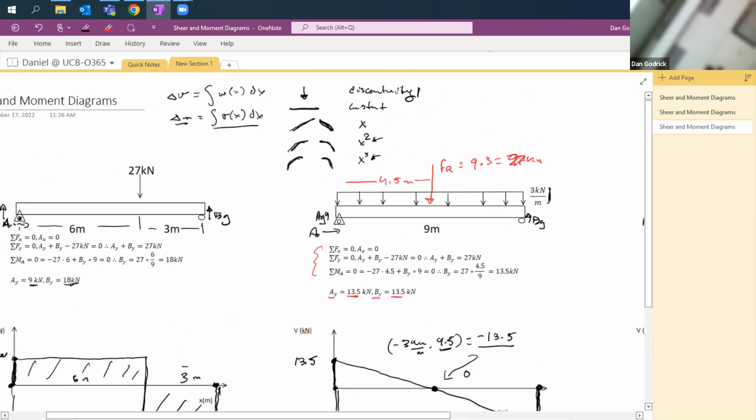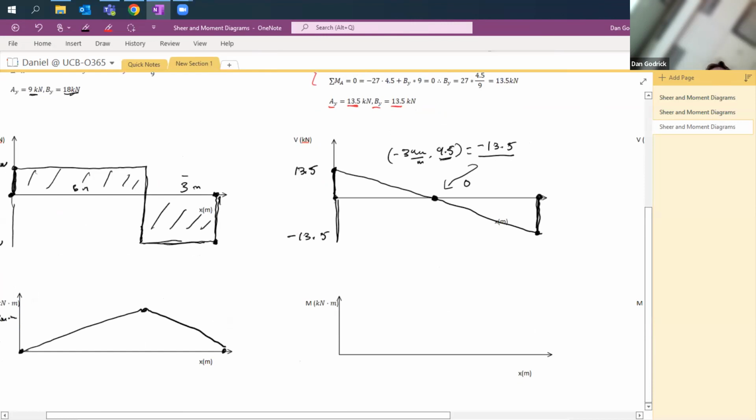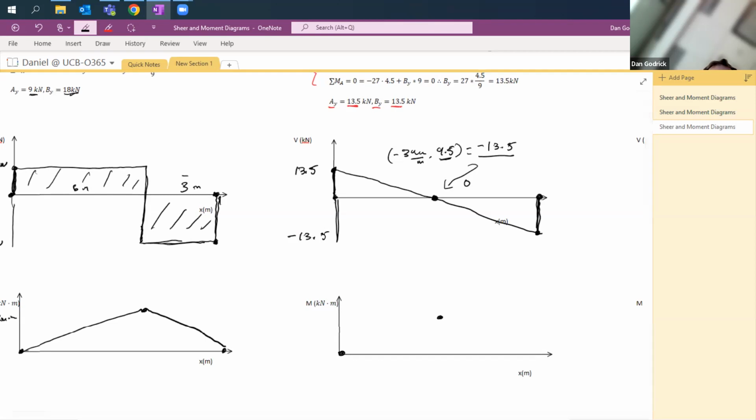So we look up and we say, how does moment look? Well, moment is the integral of shear, and we know that that is our maximum. We know that we start at 0 with our moment, and its shape is going to be an x squared term. We go up because we have some positive, and then we go down because we have some negative area.